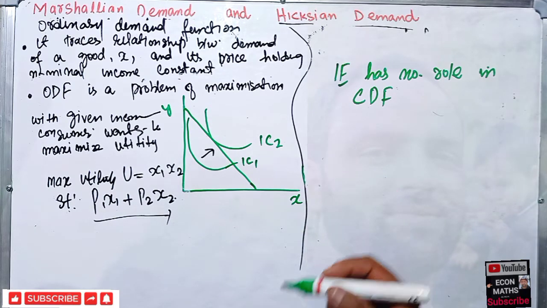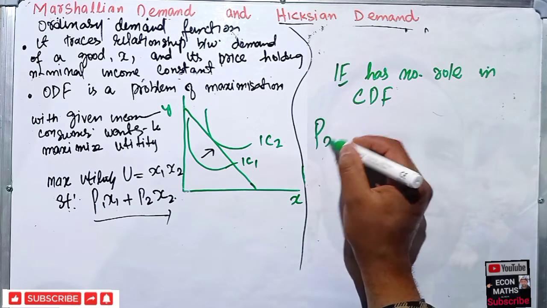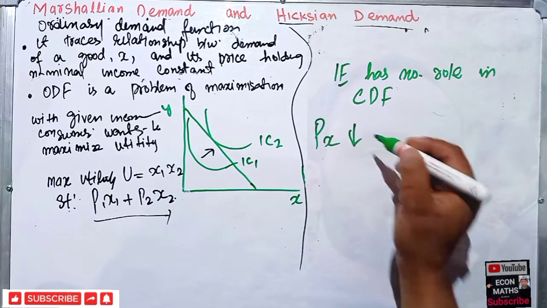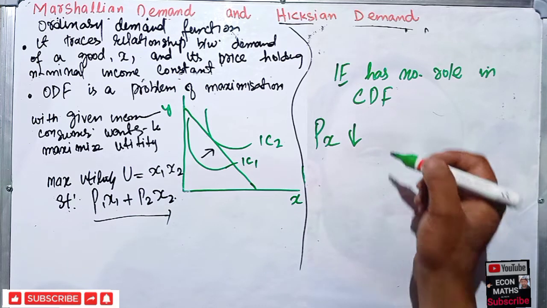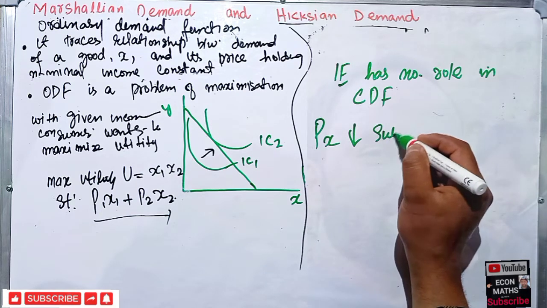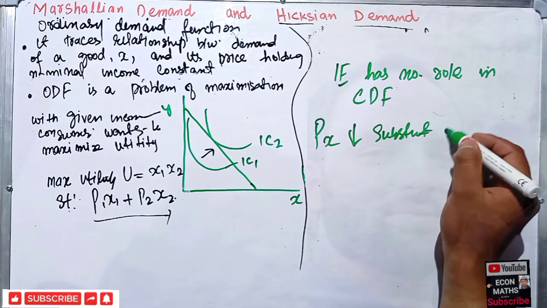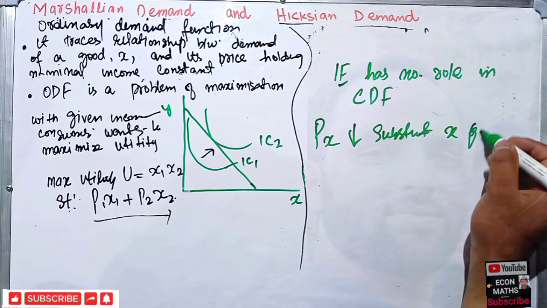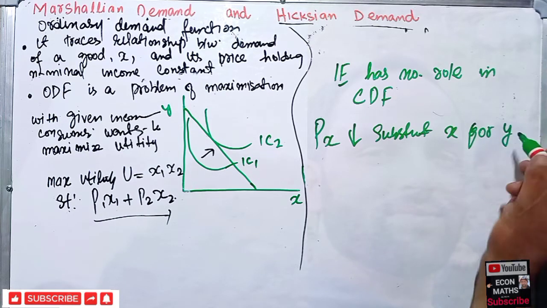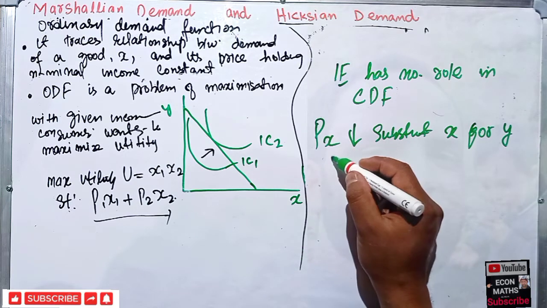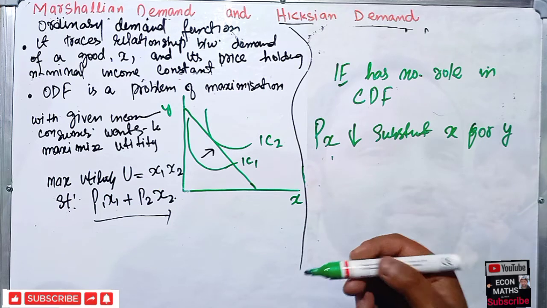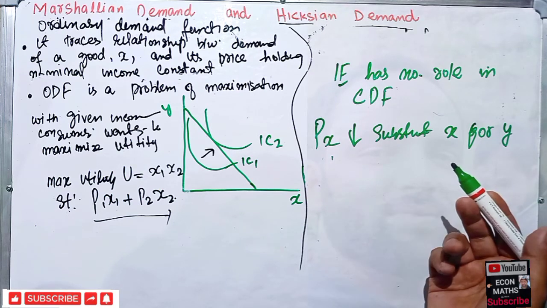always play its role. That is, if the price of the good has decreased, the consumer can substitute x for y. Let us say y is another good, holding his real income constant.